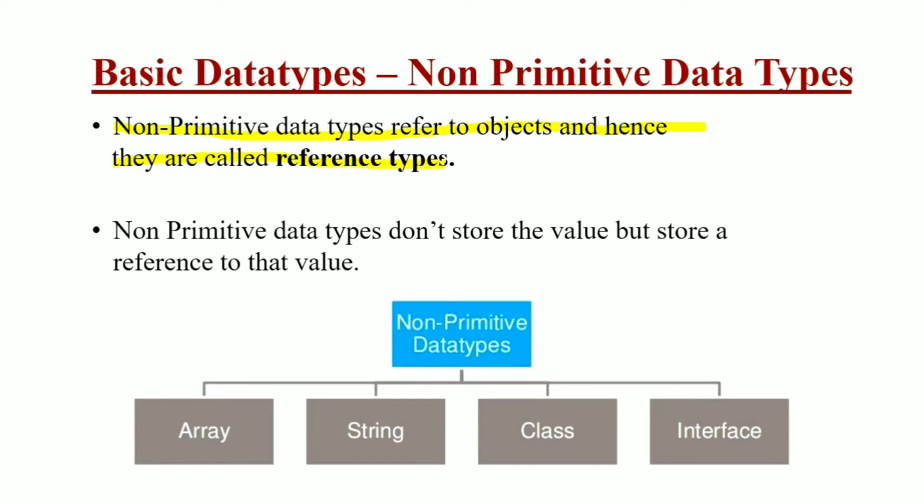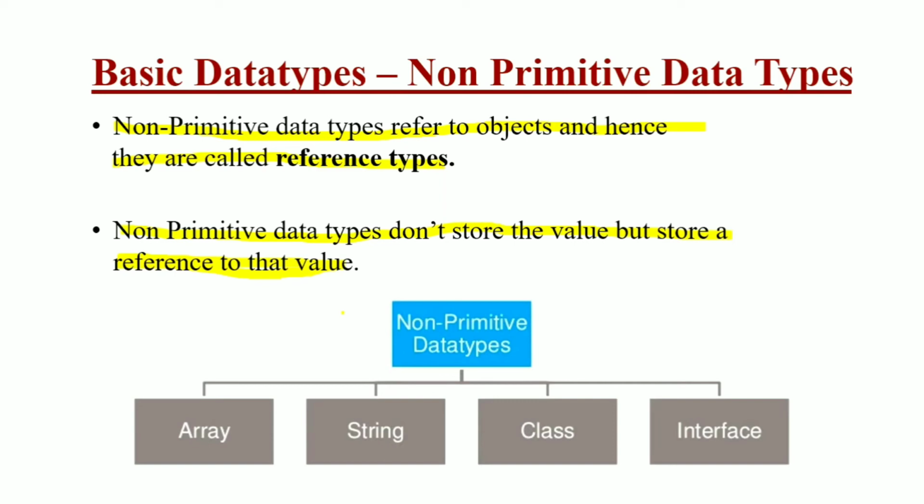They are not defined in the programming language. Therefore non-primitive data types don't store the value but store a reference to the value, because the size of a non-primitive data type is not specific.